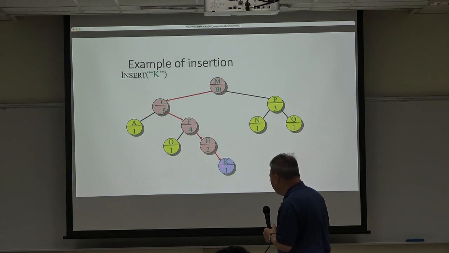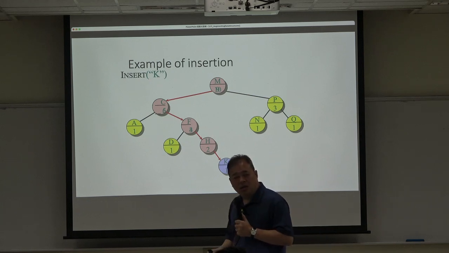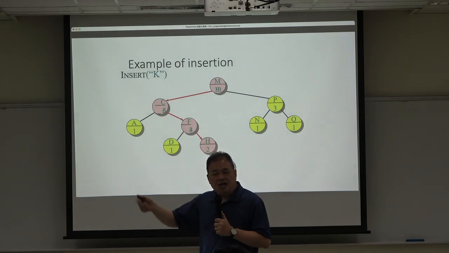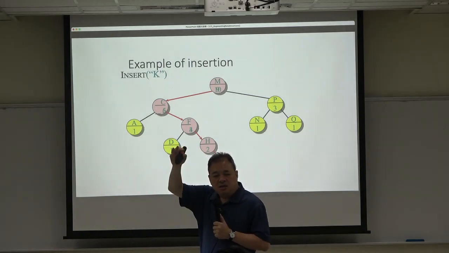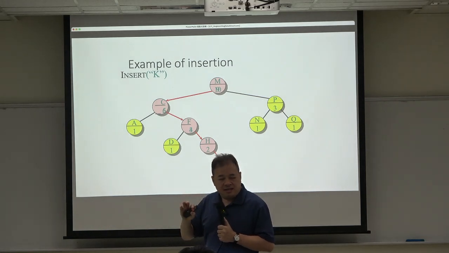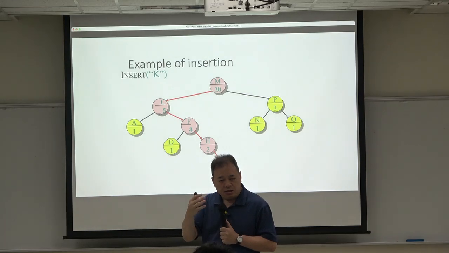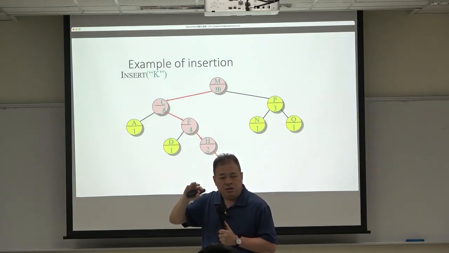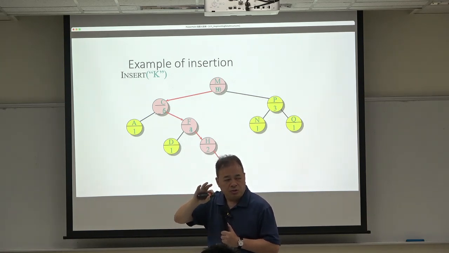And then you put the k here. So on the way to insert this k, you can modify the size. I'm not done yet, because recoloring doesn't change the structure, but the rotation will change the structure, right? We are going to talk about that too.